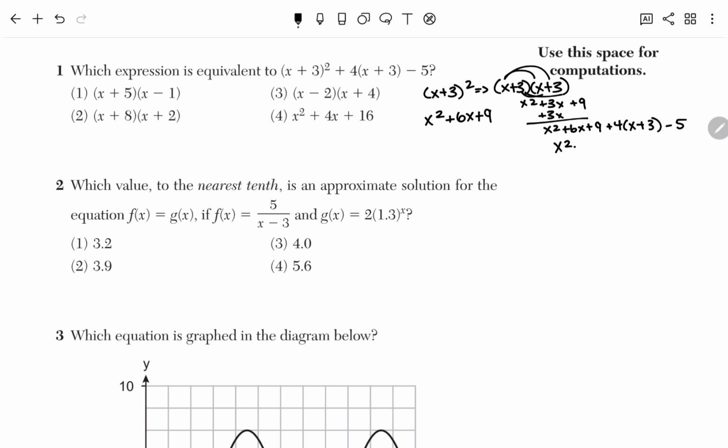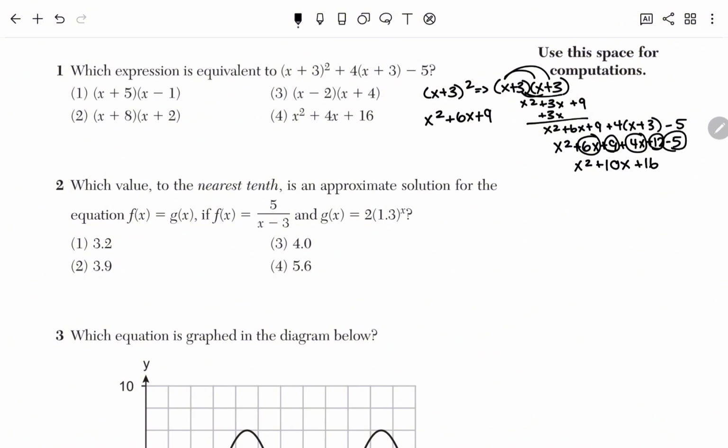We continue simplifying that. And then we simplify again. So we have our x squared, 6x and 4x are our common terms, so that's 10x. And then 9 plus 12 minus 5 is going to give us 16.